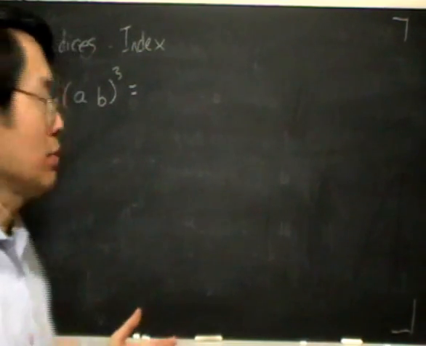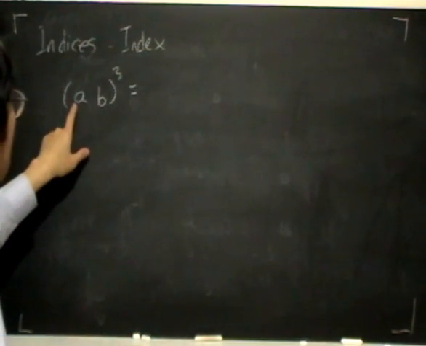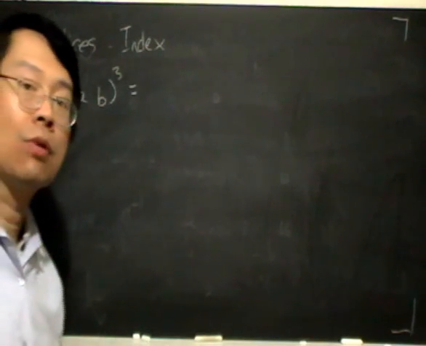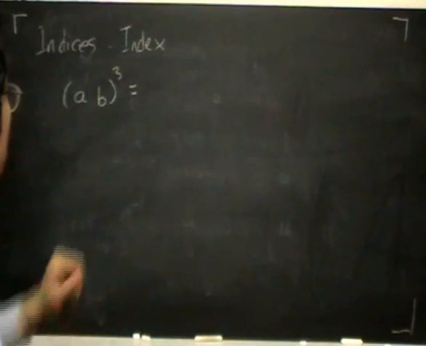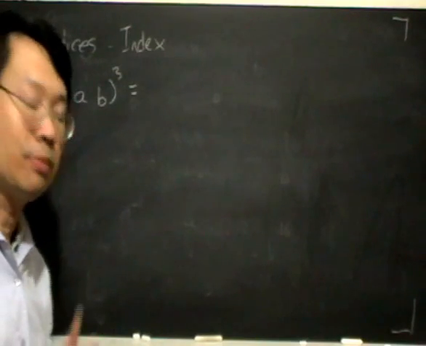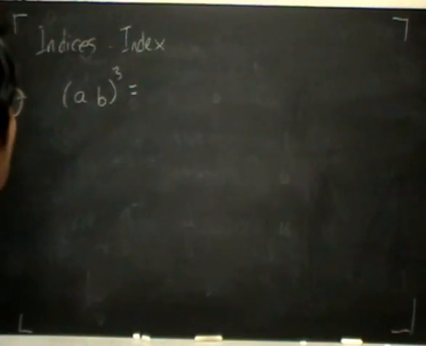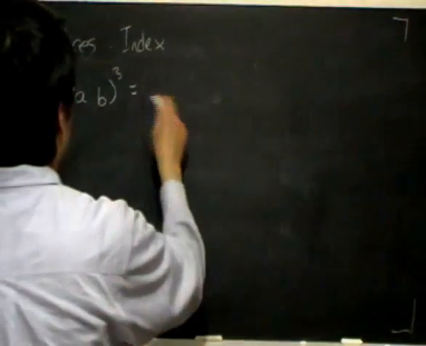So if we have a product of two factors raised to the power of 3, what does it mean? Let's write this out.